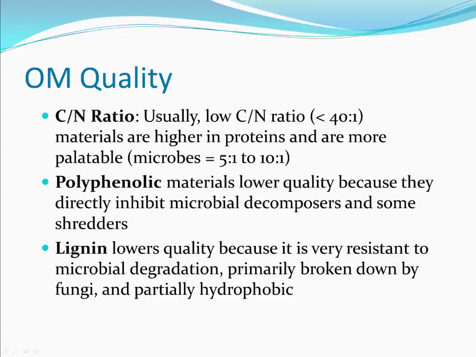So if the material contains polyphenols, it's just going to prevent its own decomposition. And high lignin content lowers the quality because it is very resistant to microbial degradation. It's primarily broken down by fungi and is partially hydrophobic.